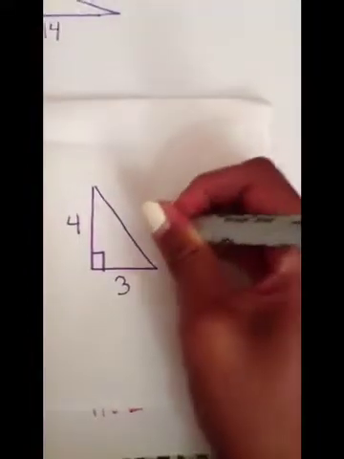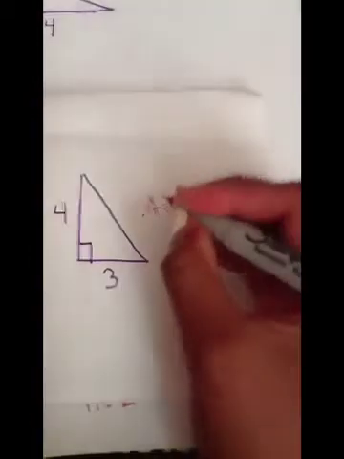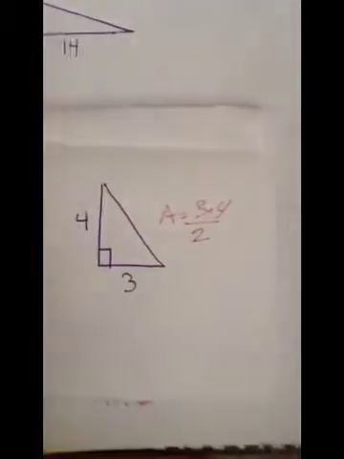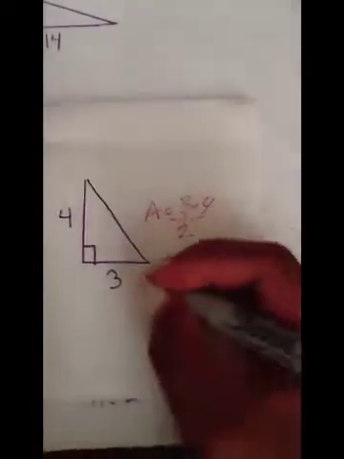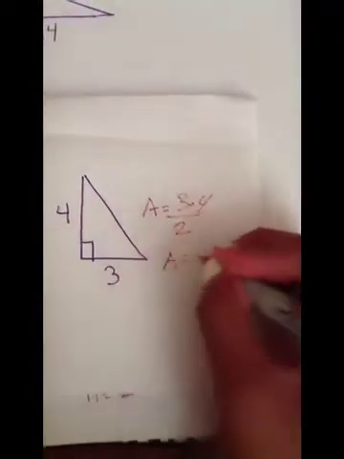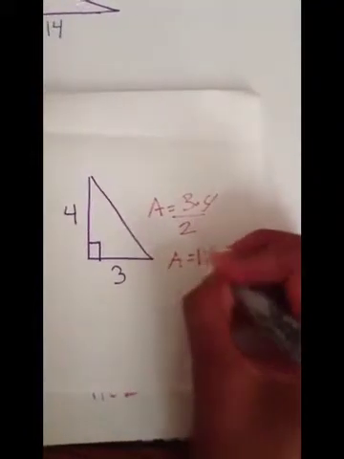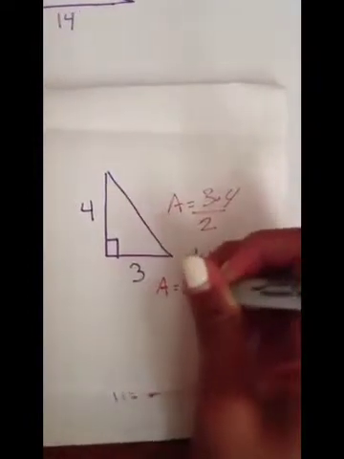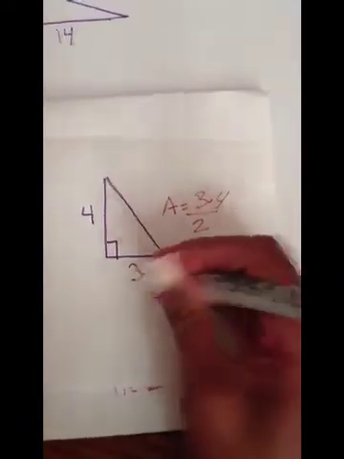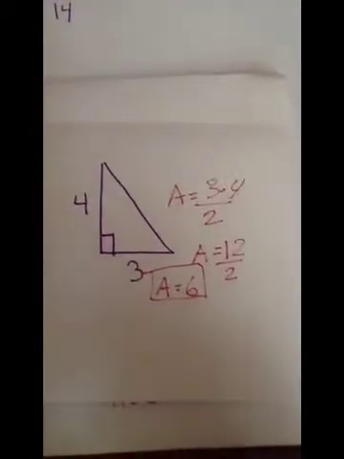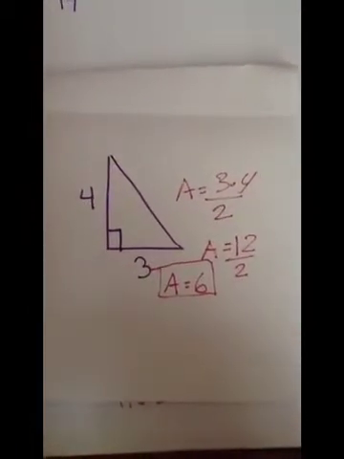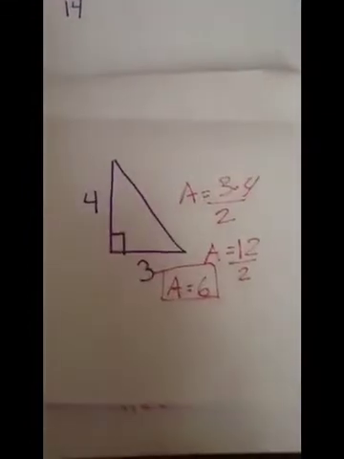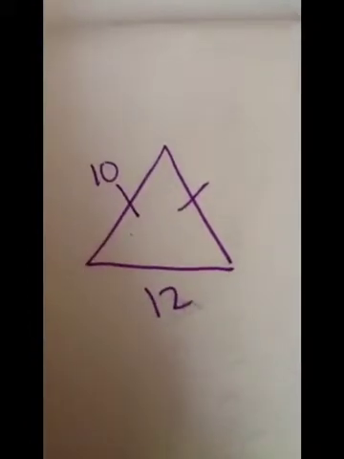So area equals 3 times 4 divided by 2. 3 times 4 is 12, divided by 2, and then the area equals 6. Sadly, I'm in the 9th grade and it doesn't work like this, ever. It's never this easy. So for when it's not, you will have a triangle like this.